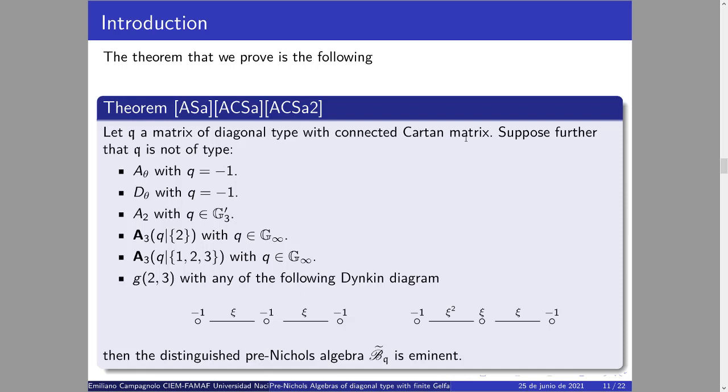Suppose further that Q is not of type D with q equal to -1, A2 type with q a root of unity of order 3, A3 super type with these parameters and q a root of unity of order 3, and G2-3 type with any of the following Dynkin diagrams. Then the distinguished pre-Nichols algebra is eminent.